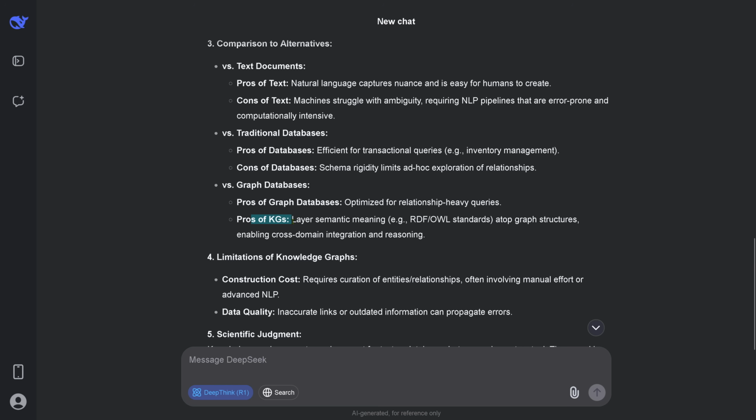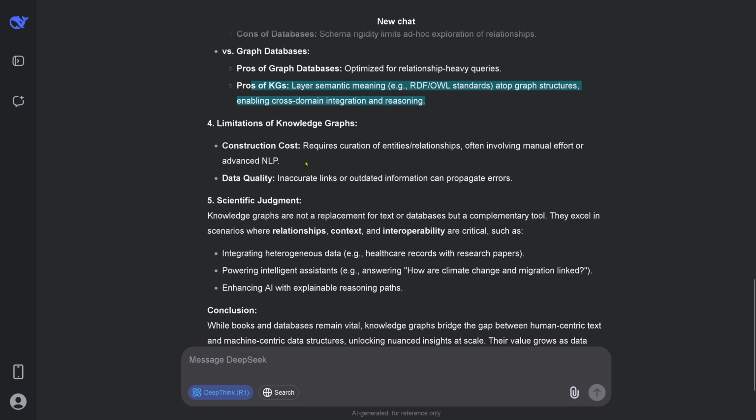And the pro of knowledge graphs: they layer semantic meaning atop graph structures, enabling cross-domain integration and reasoning. I like the simplicity, but the heavyweight answer is just providing enough information for me to understand it, even if I would understand nothing about the topic.